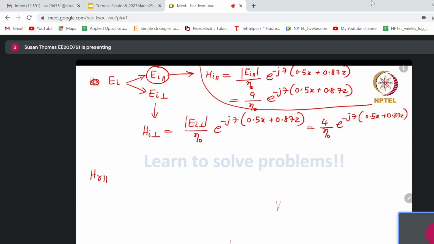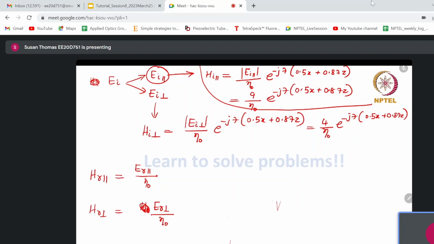HR parallel and HR perpendicular. How do we get that? From ER parallel by eta naught, and ER perpendicular by eta naught.